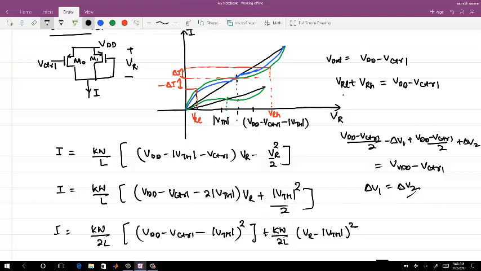And the other one is the incremental behavior. Let's say you are operating at any given point, at this point on the two nodes, and then you have the power supply noise which is coming as a common mode noise.